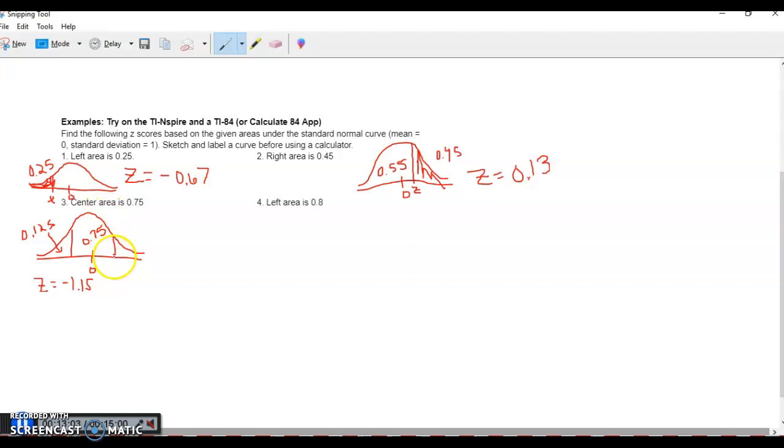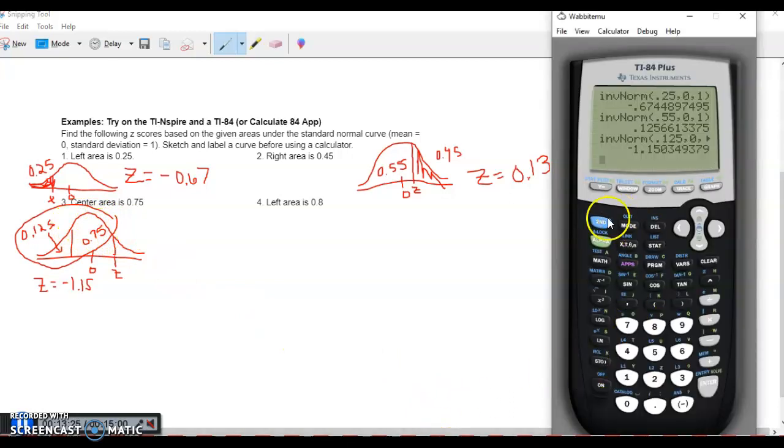So if I really want this z right here, I have to take this entire left area. Well, this entire left area is going to be what? 0.99, or let me see, sorry, real quick. 0.975, I believe.